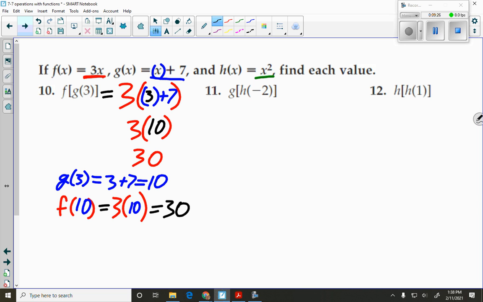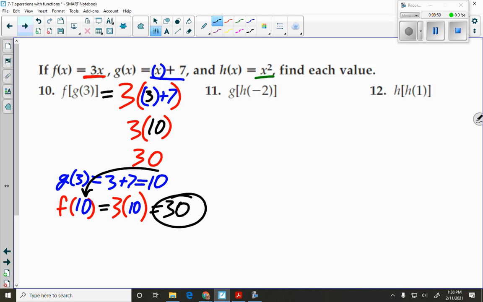Either way, you still get 30. 30 is your answer for this f of g of 3. So you can solve it two different ways. You can put it all together and then do all the multiplication, or if you want to keep it simple and you think it's nicer to find g of 3 first and then take that answer and put it in your outside equation, that's good too.